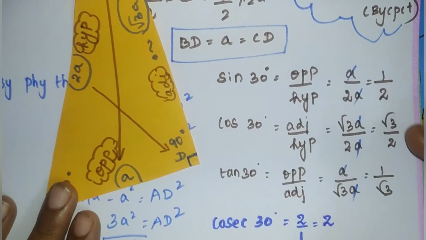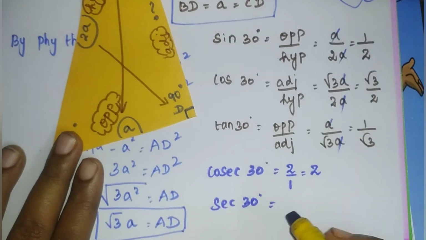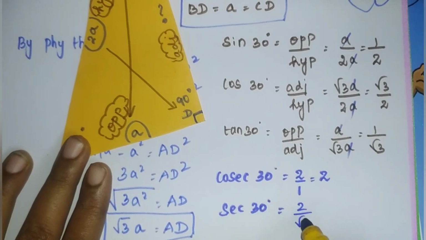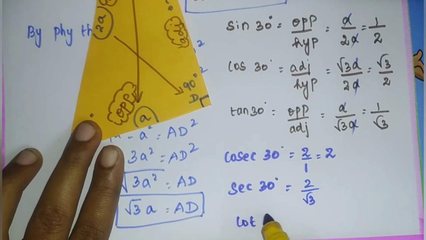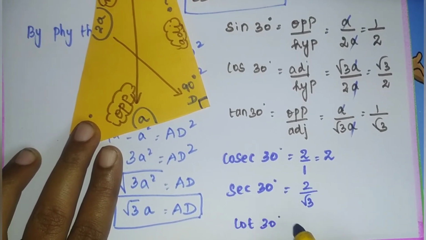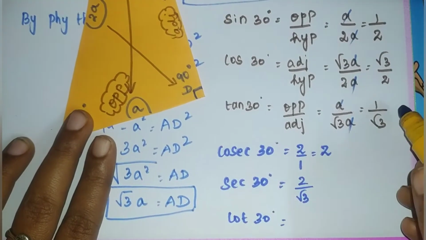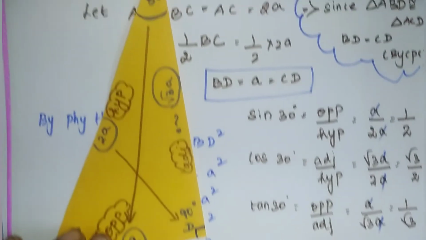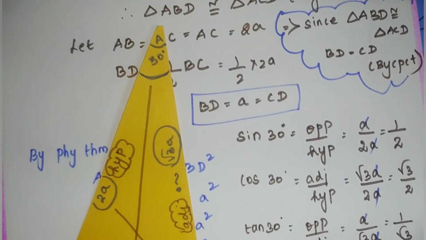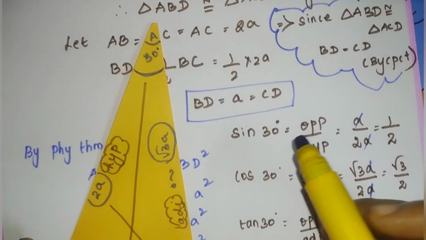Cos 30 degree is root 3 by 2, so secant 30 is 2 by root 3. And then cot. Cot is the reciprocal of tan. Tan is 1 by root 3, so cot is root 3. So now we found all the trigonometric ratio values for 30 degree.